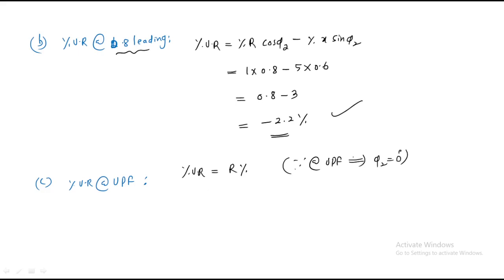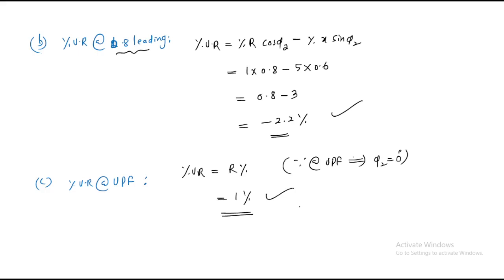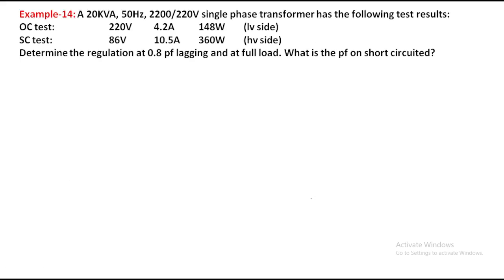That's why there is no sine term. Therefore, what is it? 1% only. So at UPF we have 1% voltage regulation. Under leading condition we have negative voltage regulation. Under lagging load we have maximum, sorry, positive voltage regulation. So this is the problem based on voltage regulation.